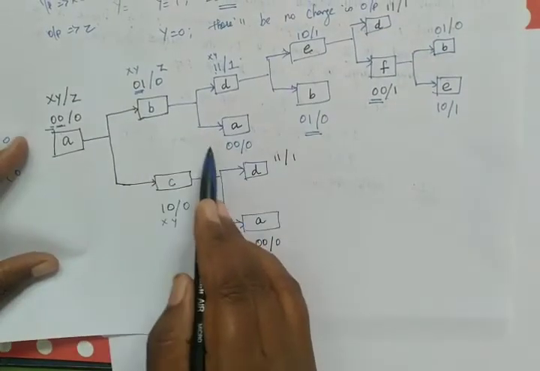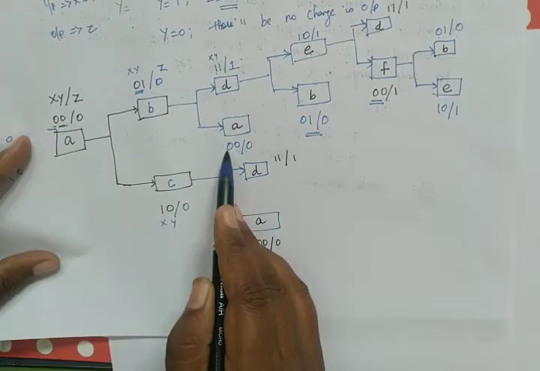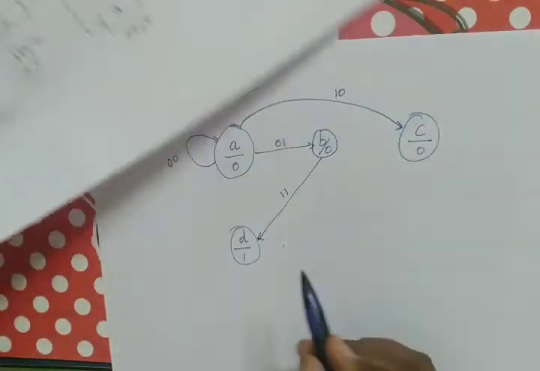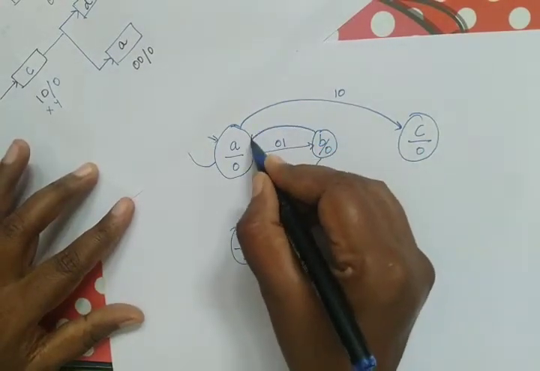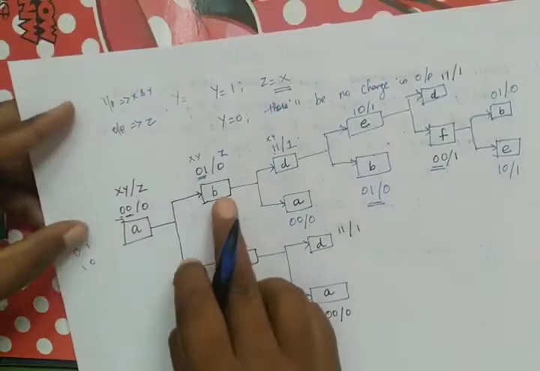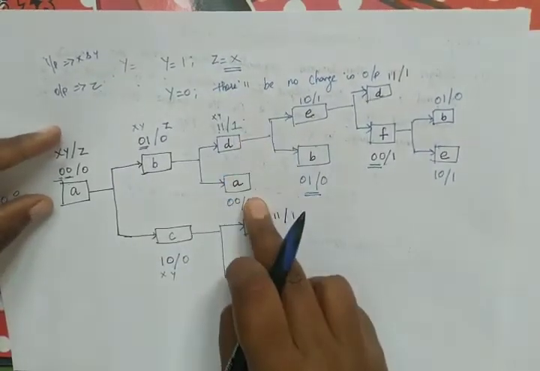Then B when it is 0 0 will go to A, and the output is 0. So we have completed up to this.